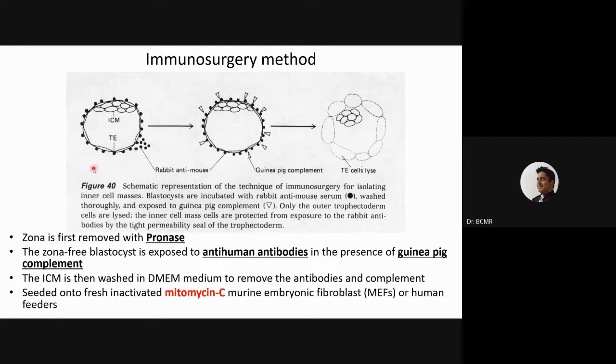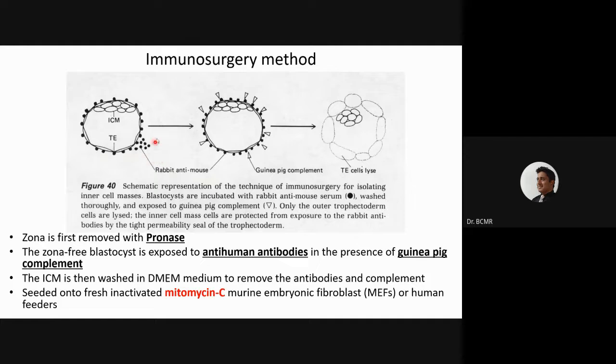They typically take a rabbit and inject some mouse proteins. The rabbit will generate antibodies against the mouse, and then they take the serum of the rabbit and isolate the antibodies and use them for further purposes, as in this case.